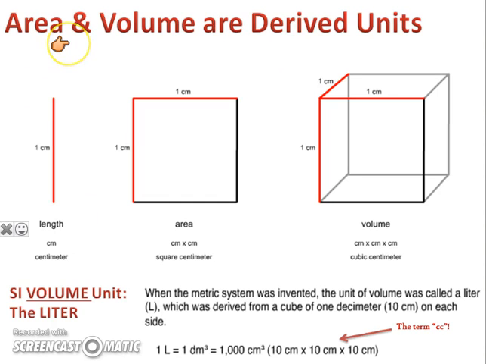So one example, or two examples, sorry, of a derived unit include area and also volume. Area is a derived unit because to calculate area of a square, for example, you need to take the length times the width. That would be 1 centimeter by 1 centimeter. Now the units there, they're not just centimeters.